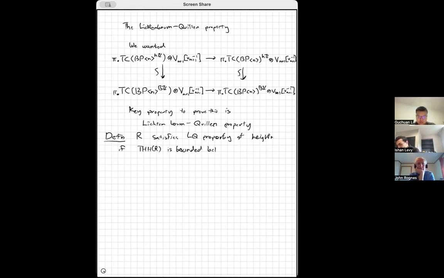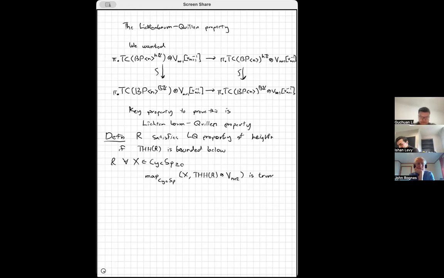The key thing is what I'm about to say next, which is that you want, for all X which are connective cyclotomic spectra, so cyclotomic spectra whose underlying spectrum is connective, the mapping spectrum in cyclotomic spectra from X to THH of R tensored with this type n+2 complex to be truncated.